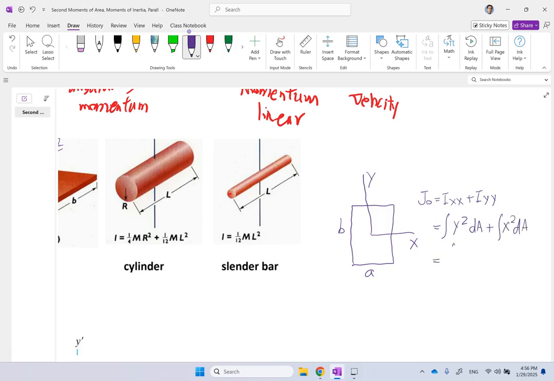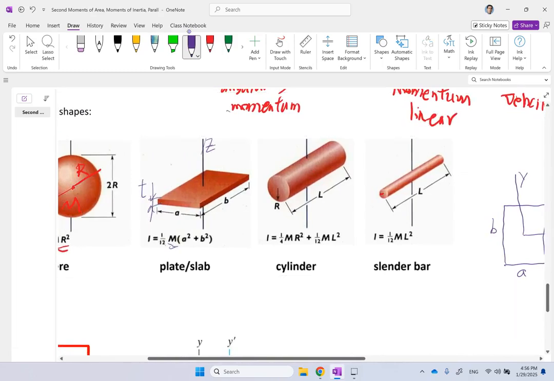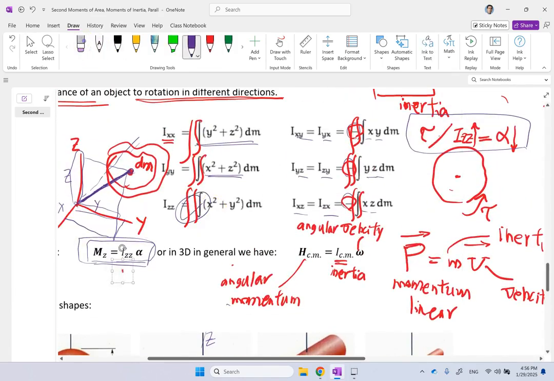So this is going to be the integral of x squared plus y squared dA over A, correct? Now, what's the definition of this one? What is IZZ, what's the definition of it? Well, let's go back and look at it. That's the definition of it. Look here.